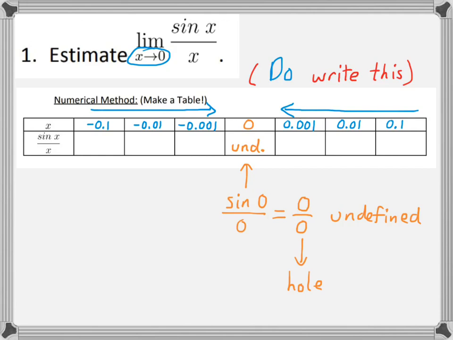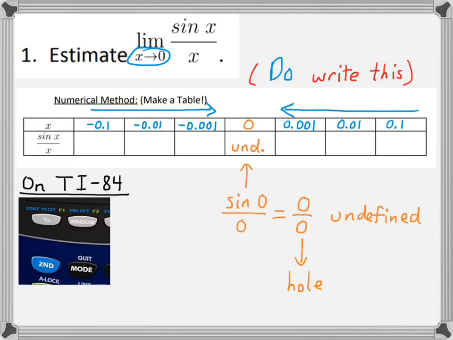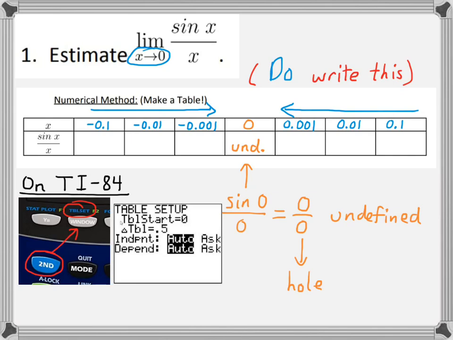Now, to make it easier than typing all of these separately in your calculator, here's a tip for those of you who use a TI-84, which we'll be using primarily in class. A way to set up your table is to push second and then the window button, which is called table set, and you'll get a screen like this.